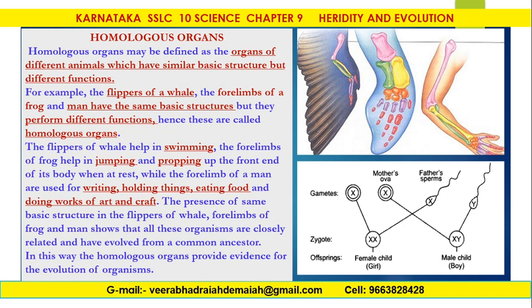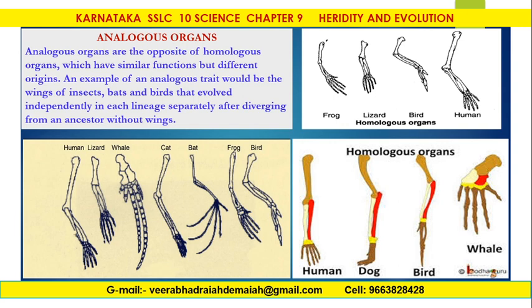The presence of the same basic structure in flippers of whale, forelimbs of frog, and man shows that all these organs are closely related and have evolved from a common ancestor. In this way, the homologous organs provide evidence for the evolution of organisms.